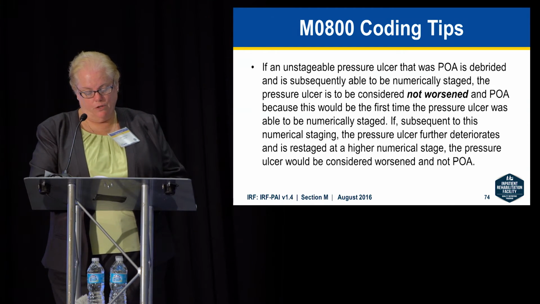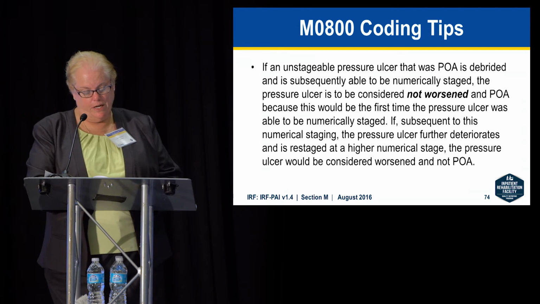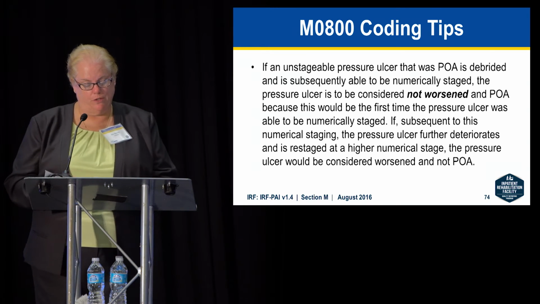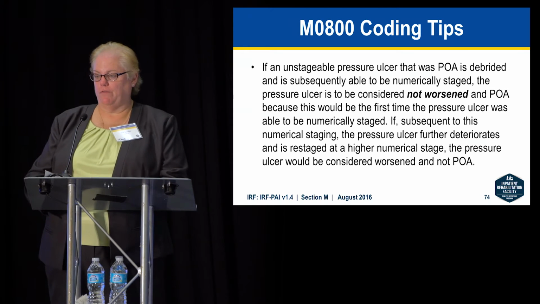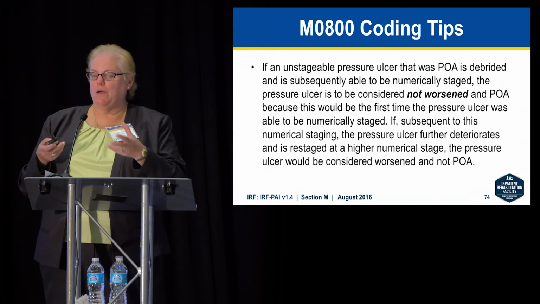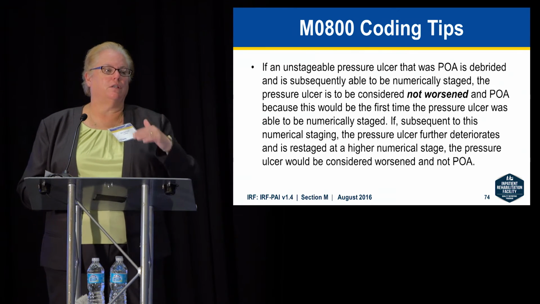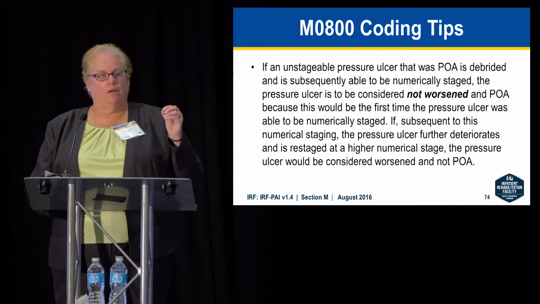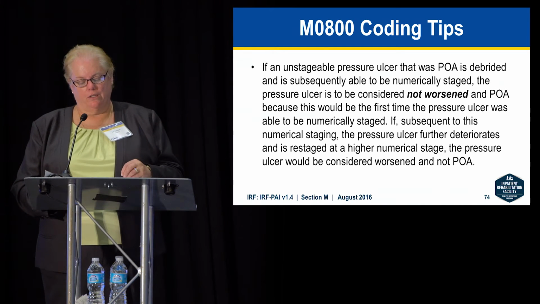If subsequent to the numerical staging, the pressure ulcer further deteriorates, then it's restaged at the higher numerical stage, and now the pressure ulcer will be considered worsened and not present upon admission. And hopefully that makes sense. These are real fine points, but they're important points. So you kind of have to look at these and say, if it's the first time that I can stage it, we're not going to consider it worsened.